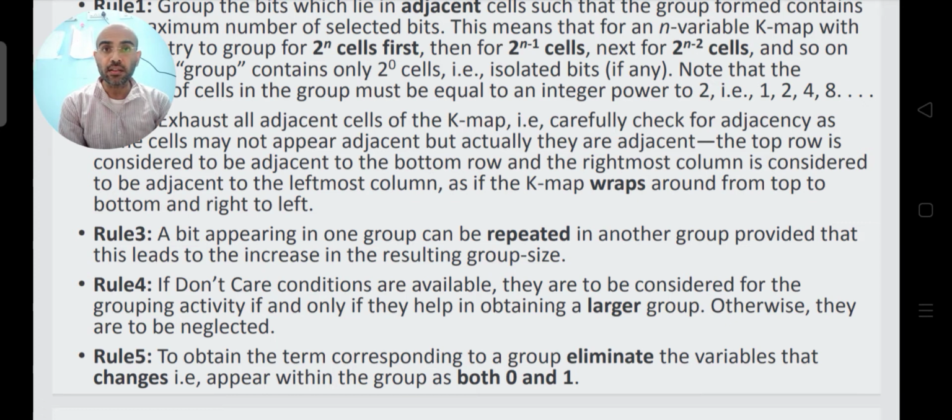If some ones have not yet formed a group, then some of the terms of one group can be repeated in the other group as well. But if you have exhausted all the ones and all the groups are already formed, then there is no need to do the repetitions. The terms should not be repeated to form the groups. This is also a little tricky sometimes.